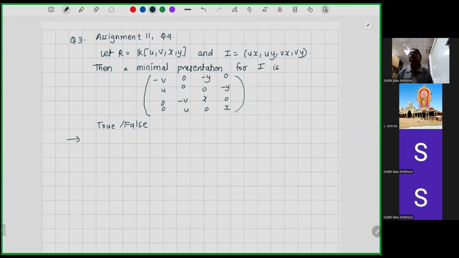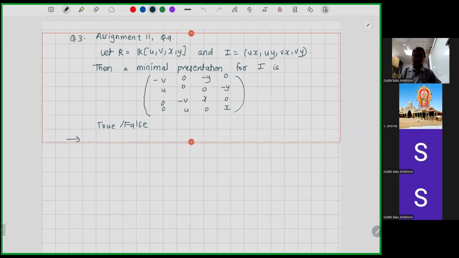Let's stop sharing this. Yeah, so this is actually false. Let us write this.